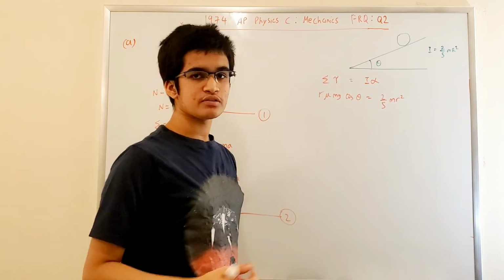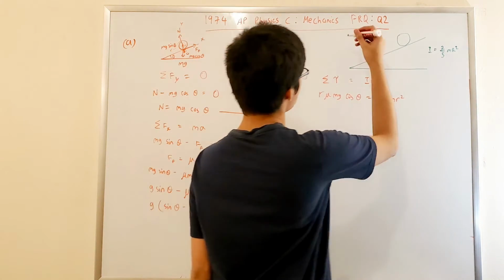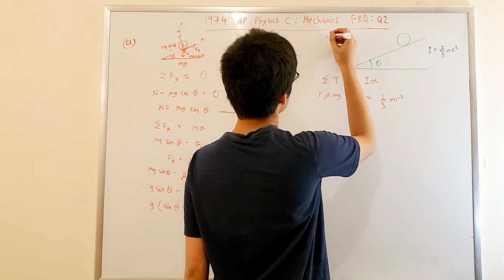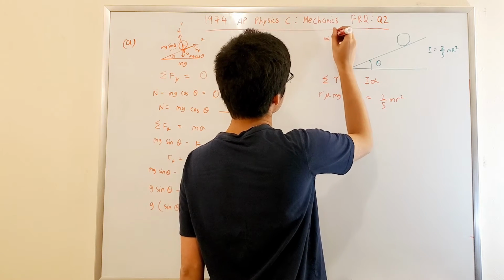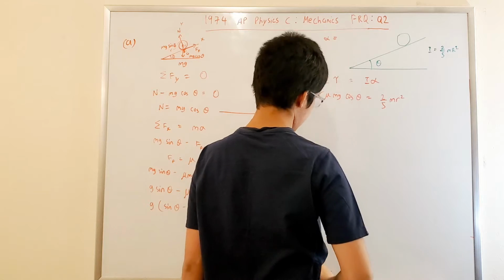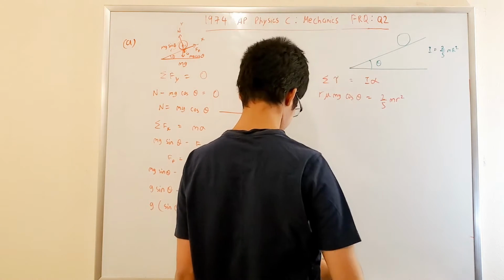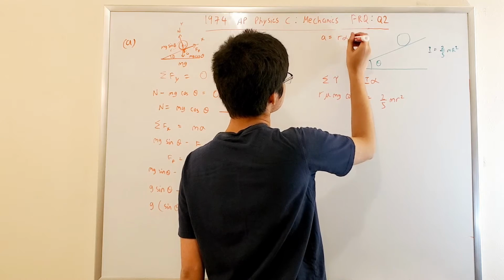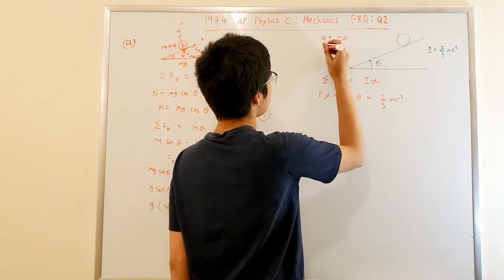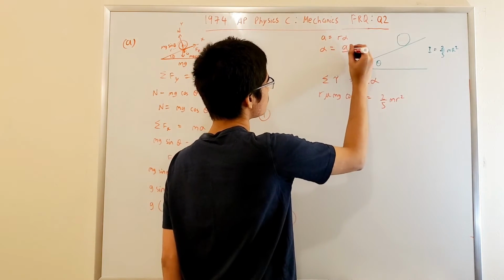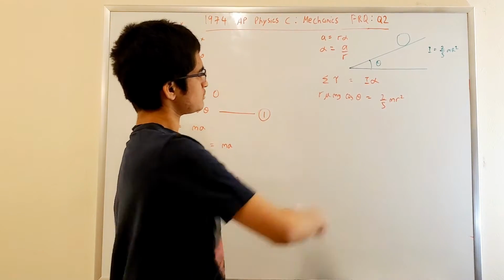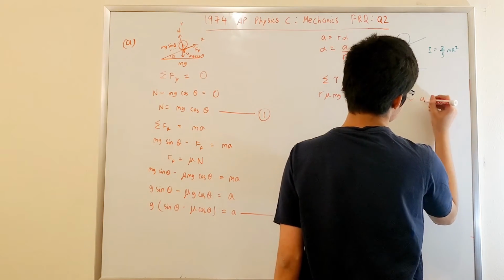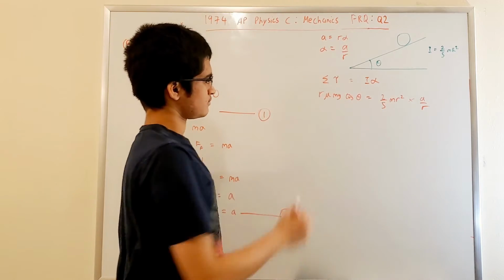If the sphere is not slipping, we know that our linear acceleration a will be equal to r times alpha. So alpha will be equal to a over r. Substituting that here, we're going to get this.